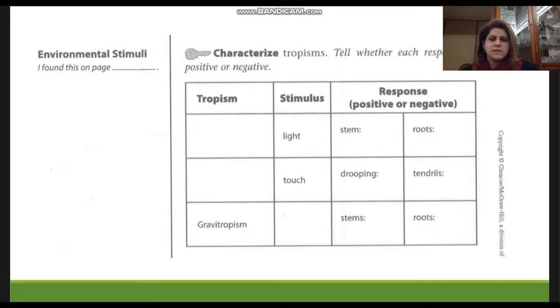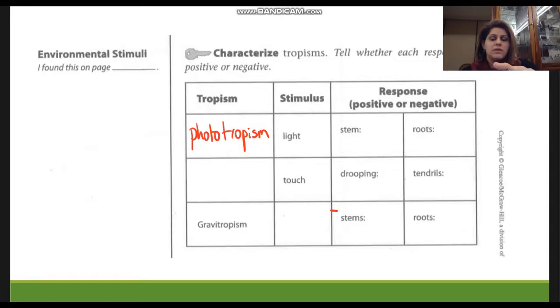Now, let's see. They gave us a little hint, so to know where to put the special tropisms. So, example, they gave us stimulus is light. So what type of tropism is this? It should be phototropism.